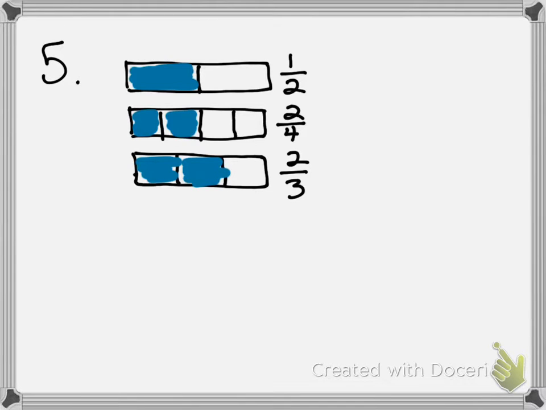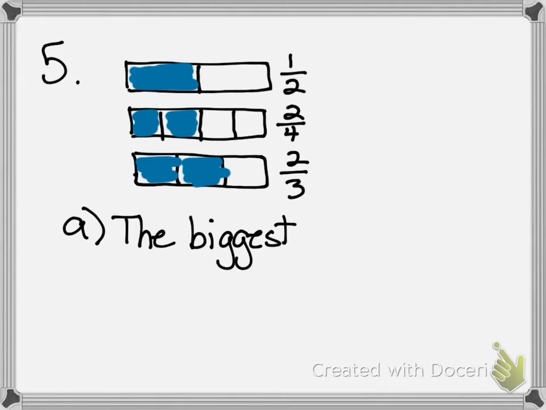Okay, and here is your homework. So what I would like you to do is beside A, write the fraction that is the biggest. Okay, so write that right there, the biggest fraction out of those 3.